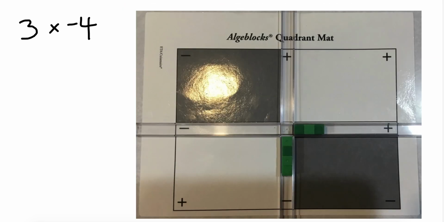Now let's look at multiplying a positive and a negative number. We're going to put the positive 3 in a positive track, and we're going to put the negative 4 in the track with a negative sign, so we can place the 4 down here. So I've got positive 3 times negative 4.